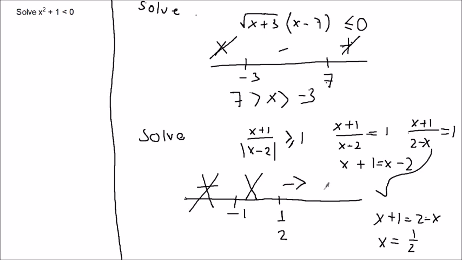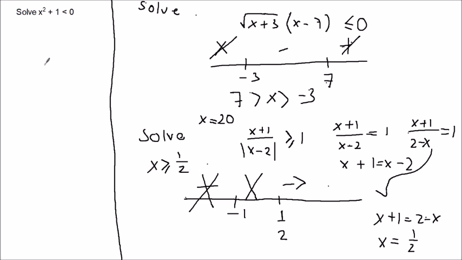Everything else in this higher area is going to be higher, because if you put x equals, let's say 20, for example, you'll get 21, and then you'll get 18, which is always higher than 1, right? So the top and the bottom will always have a difference of 3 if it's higher than 1/2. Therefore, it'll work for all numbers. So the solution is x is higher than or equal to 1/2.